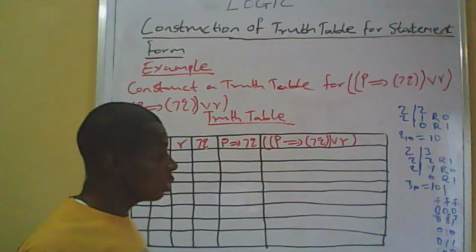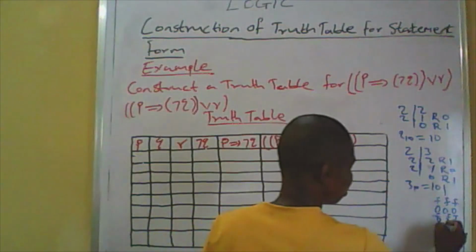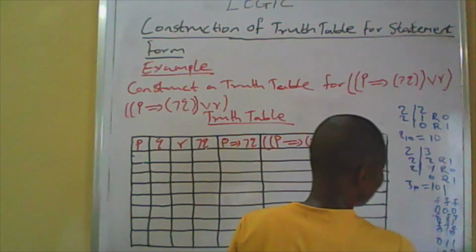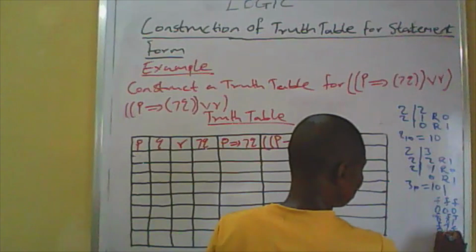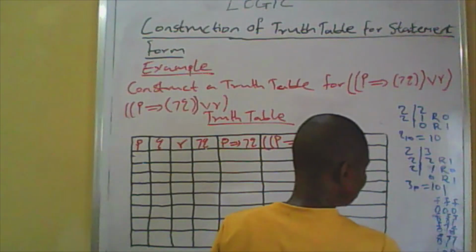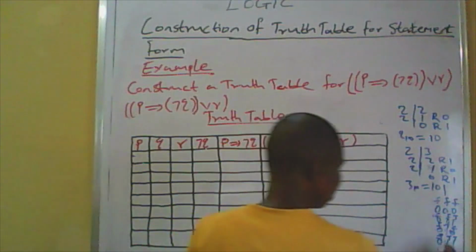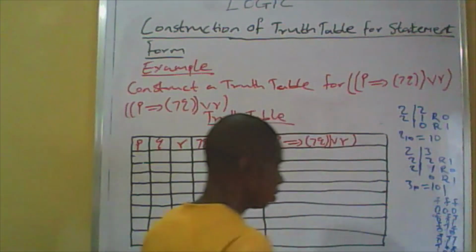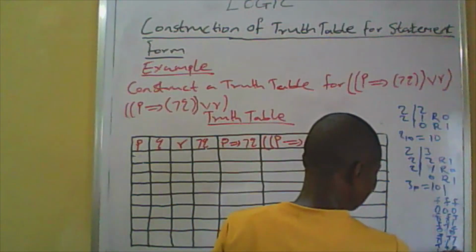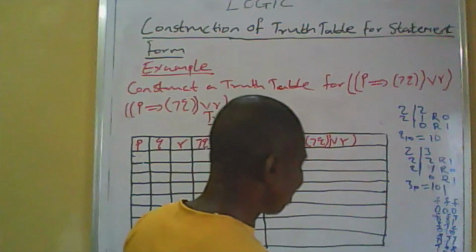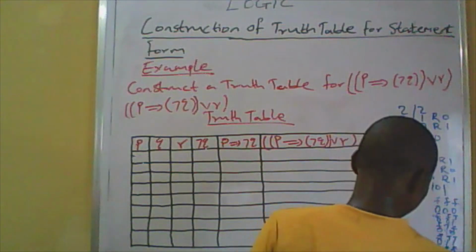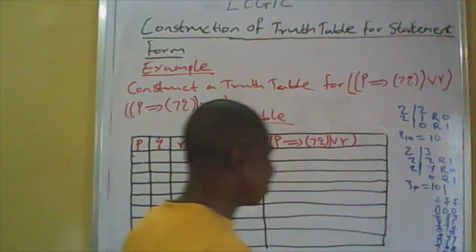Then 0 represents F. Then this one is F, F, T. This one is F, T, F. This one is F, T, T. Then this one represents T, F, F. This one represents T, F, T. This one represents T, T, T.